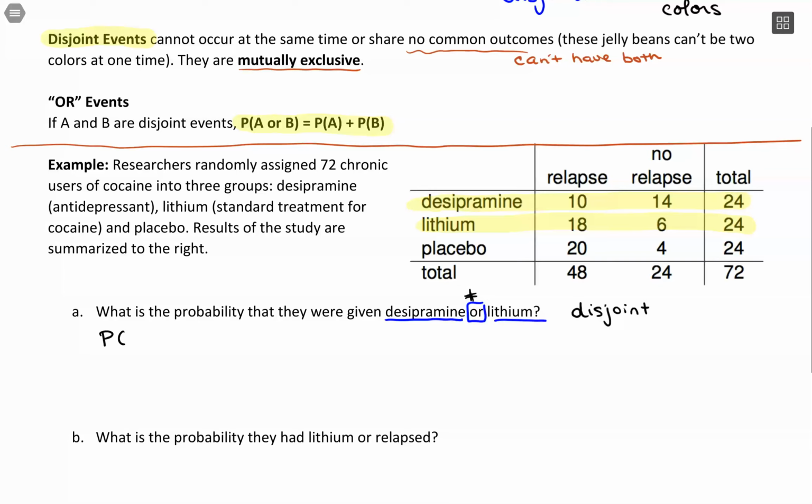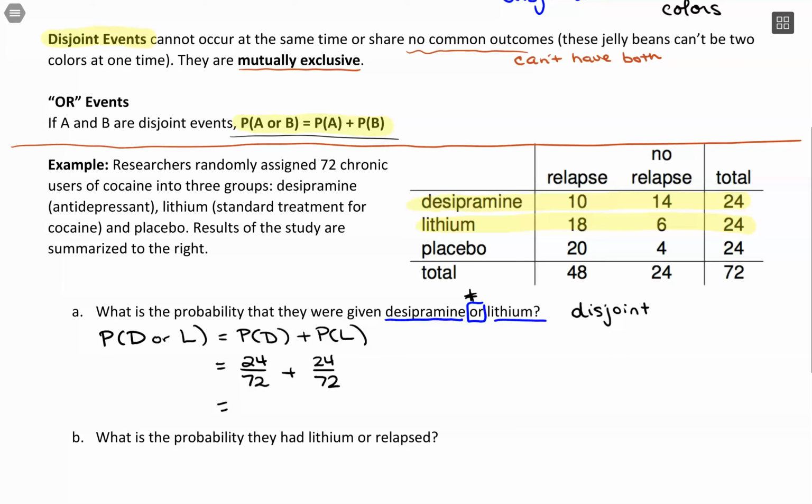So if I want the probability that they were in the desipramine group or lithium group, we're going to add those probabilities, and it's just direct addition like we did up above, as the rule specified. For the desipramine group, there were 24 people in that group out of the 72, plus for the lithium group, there were 24 people out of the 72.